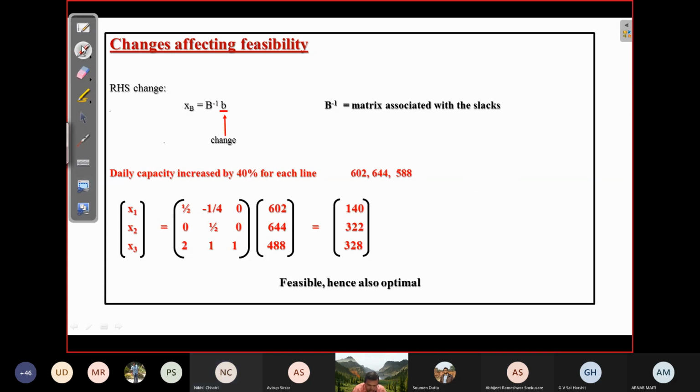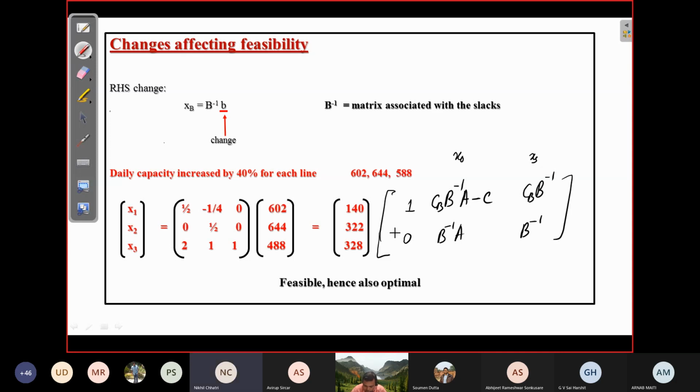If you look at the matrix form of the simplex method, what is the matrix form? 1, 0, CB B inverse A minus C and B inverse A, then CB B inverse and then B inverse. These are for original variables, these are for slack variables, right? So where is the B inverse?